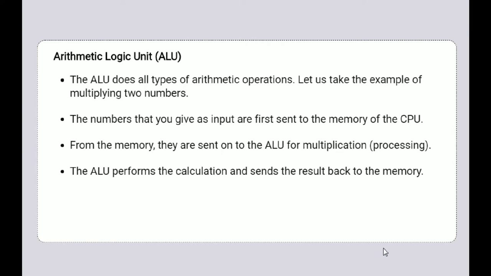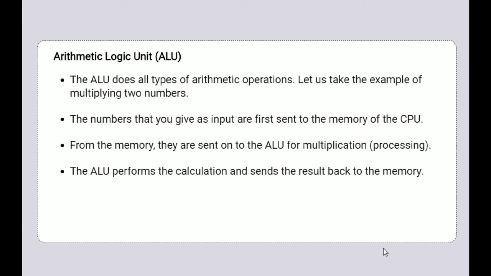Here the example given is multiplying two numbers. Not only the numbers but also the operations are taken as input, and this input is sent to the memory of the CPU. From this memory it is sent to the arithmetic logic unit, and the multiplication is performed there.